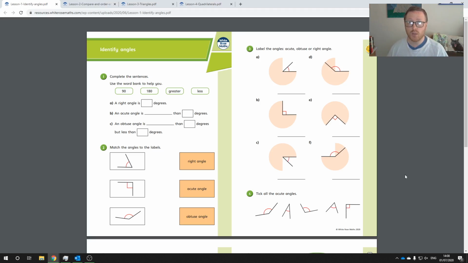Okay, 90-degree angles, though, are the right angles that you might find on the corner of a book, for example. So here's the book that I'm reading for the stories. Here is a right angle, right at the corner here. It is 90 degrees.